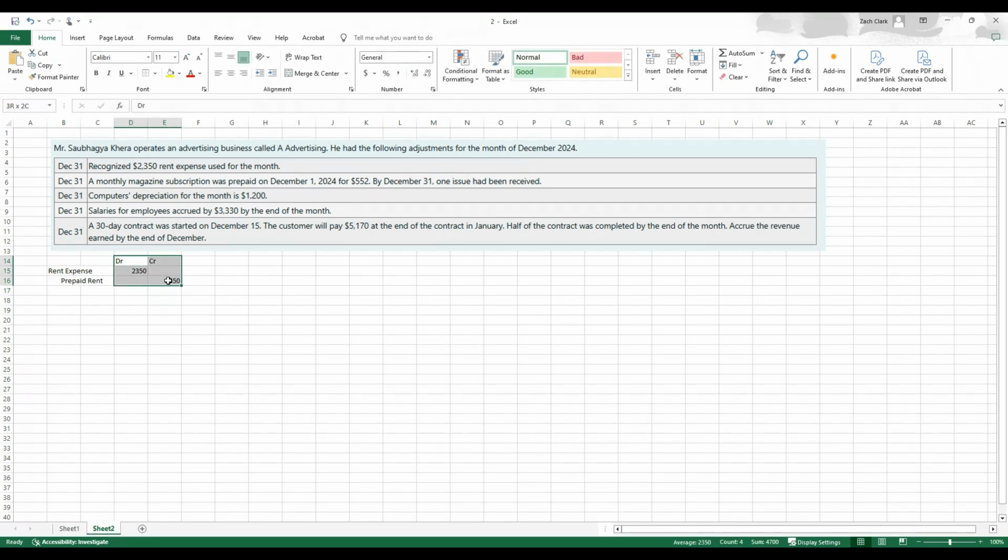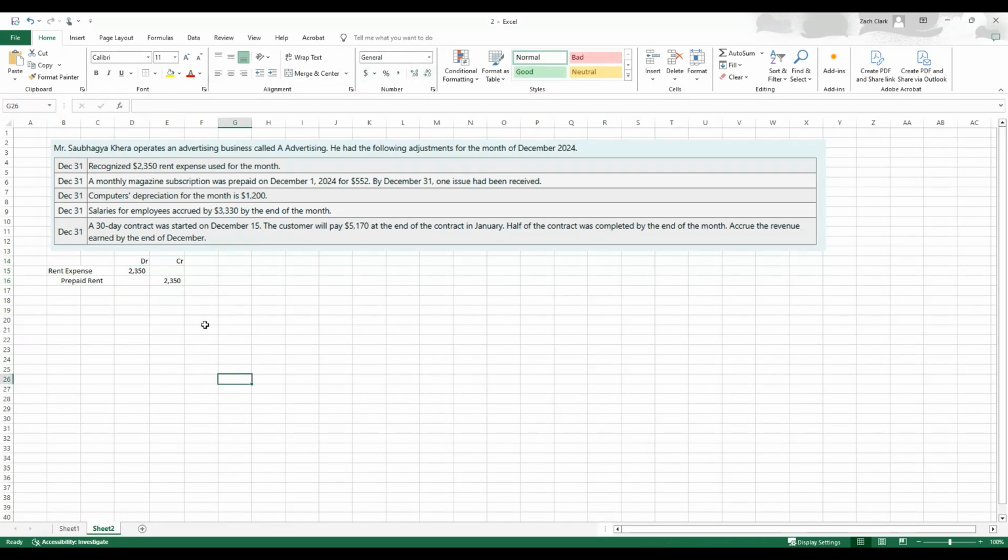One little thing to think about here is that since we don't have an unadjusted trial balance, we can't see what prepaid rent was before we make this adjustment. But the clue here is that it doesn't say we paid $2,350 of rent. It says rent expense was used for the month.